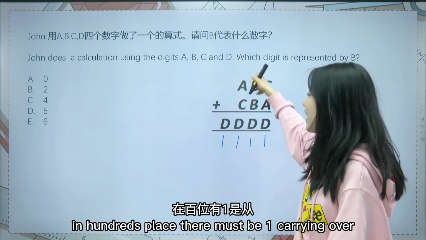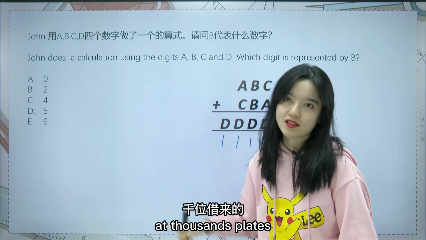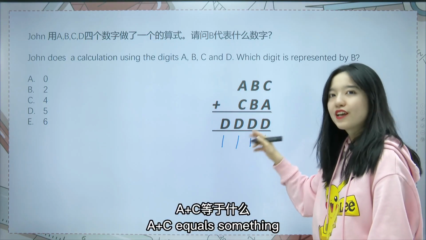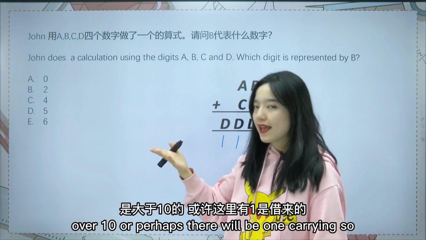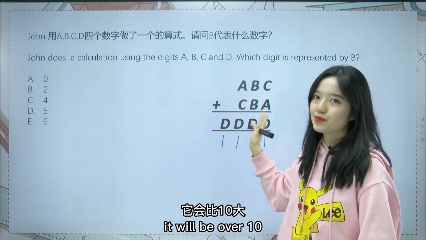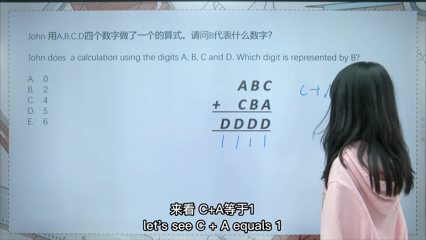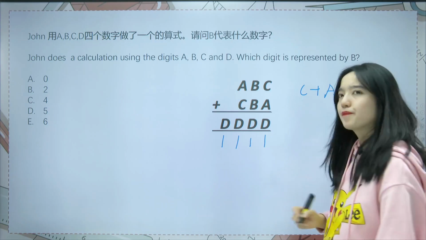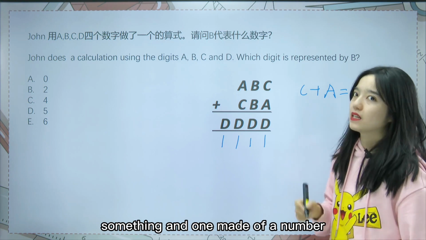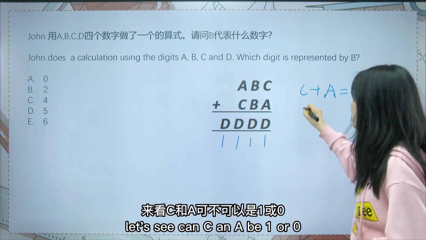Now, if three digits added together give a 4-digit number, that means in the hundreds place there must be 1 carrying over to the thousands place. A plus C equals something over 10. Let's see, can C and A be 1 or 0?